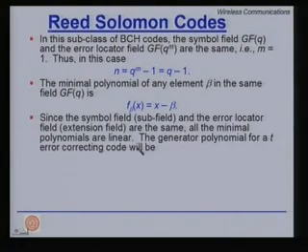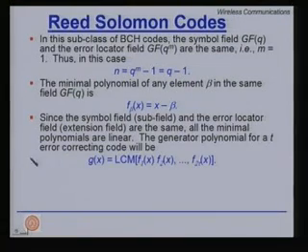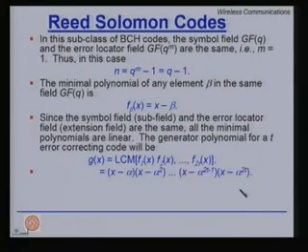Since the symbol field, which is the subfield, and the error locator field, which is the extension field, are one and the same, all the minimal polynomials are linear. Hence, the generator polynomial for a t error correcting code in this case can be simply written as this, which is true for BCH codes. You go from f1, f2 up to f2t. But here again we have a very simple linear product, (x minus alpha), (x minus alpha squared), so on and so forth till (x minus alpha raised to 2t).